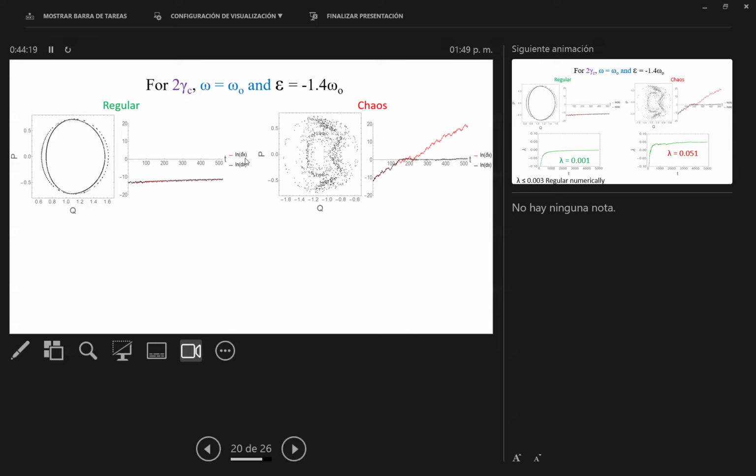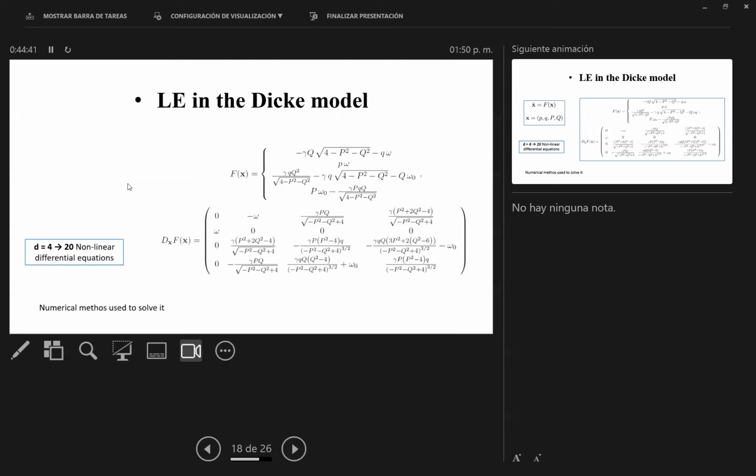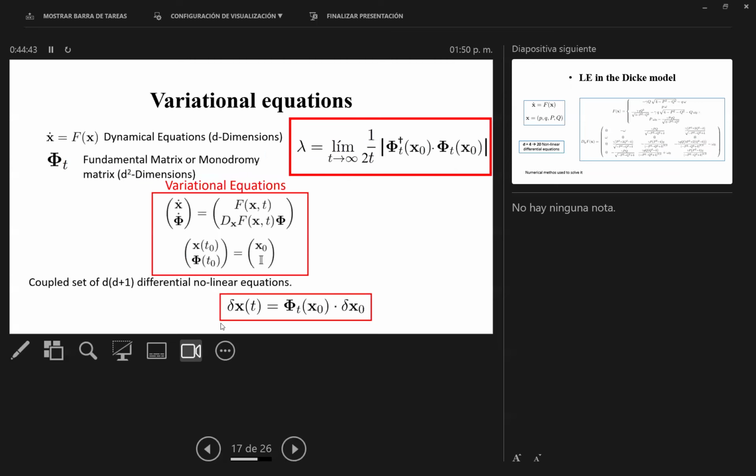And this is the black line, and the red one is the distance provided by the variance using the method that I showed before.